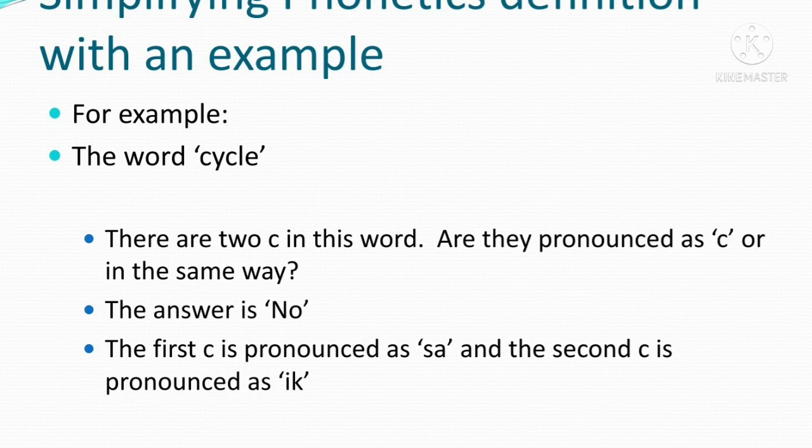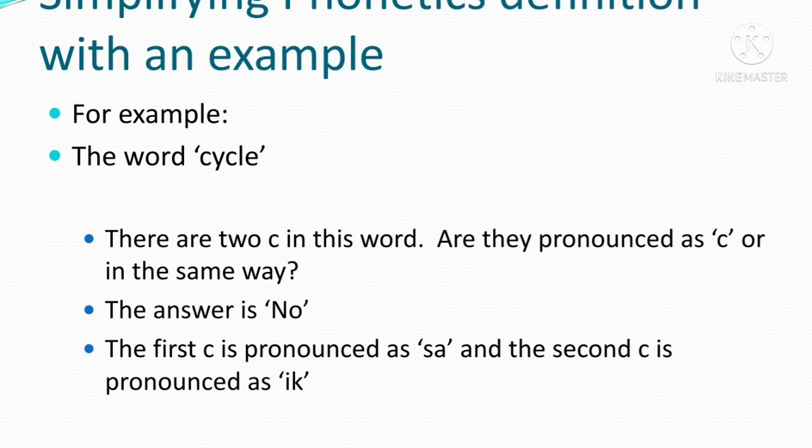Now I read it. There are two C's in this word, and are the two C's pronounced in the same way? And the answer is no. The first C is pronounced as S, cycle, S, and the second C is pronounced as ick, cycle, ick. Now, why is there this difference between the two C's?